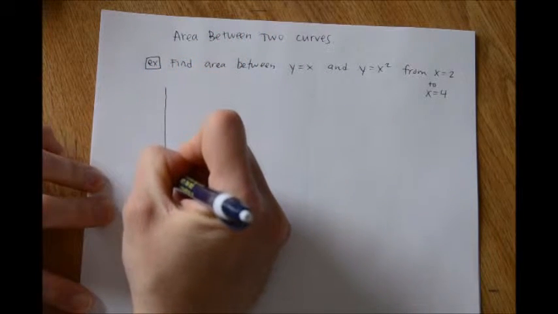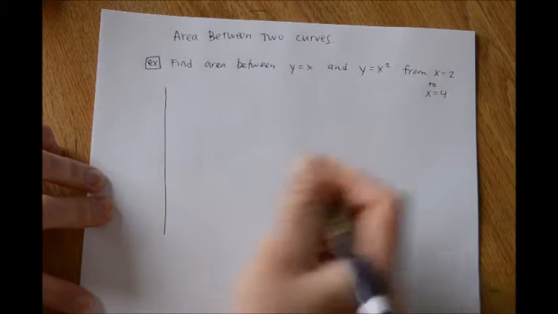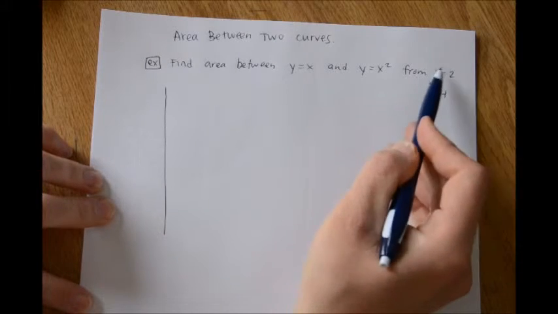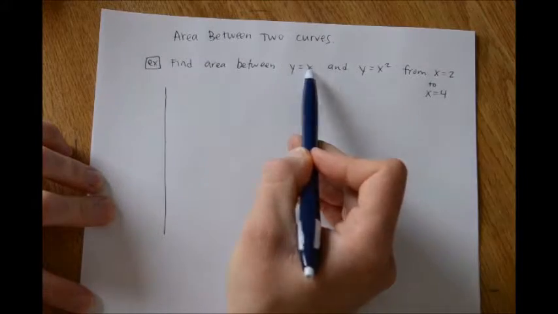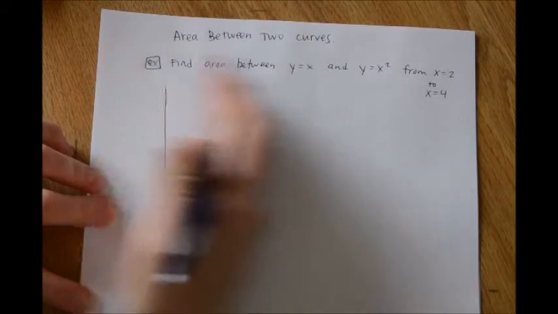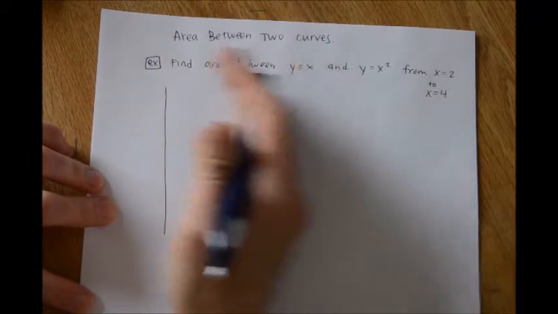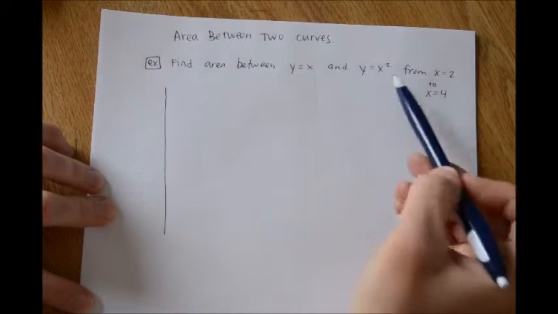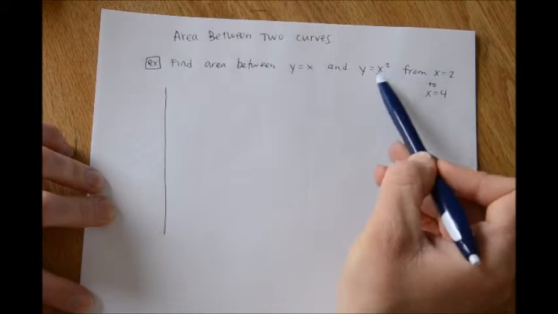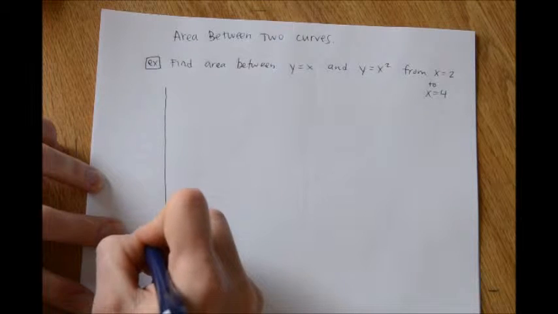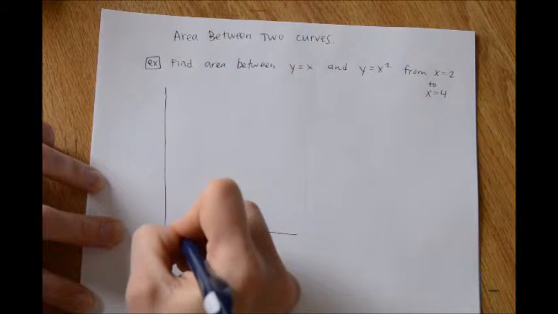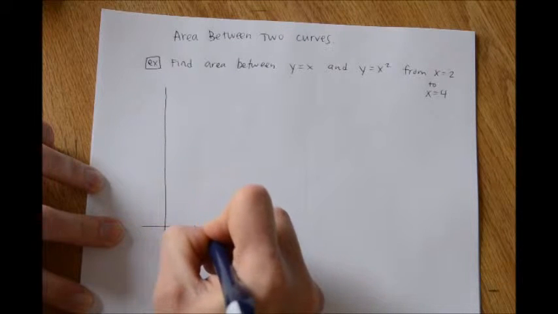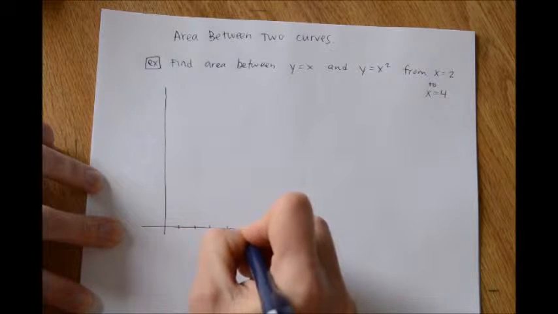So on this one, you have to think about how high you're going to need to go from x equals 2 to x equals 4. I only need to get up to 4 and over to 4. On our x-axis we're only from 2 to 4, so we don't need a lot of width. But up and down, when x equals 4, this is going to be 16. Here I really don't need much, just 1, 2, 3, 4, and I'll put 5 on there.